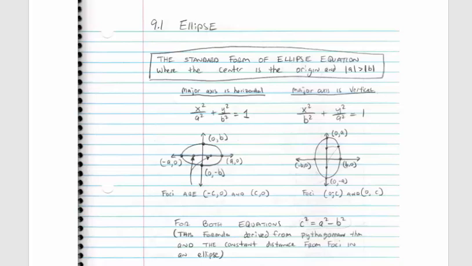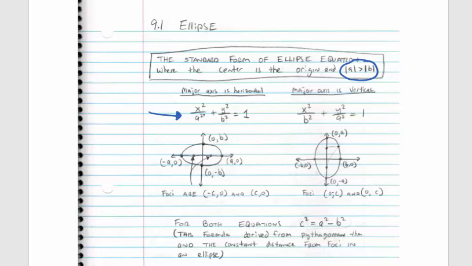So the standard form of an ellipse equation, where the center is at the origin and A is greater than B, we have a major axis that's horizontal. Our equation is going to look like this. And notice A is greater than B. The reason we have that is because we're going to define which of these two values is larger.